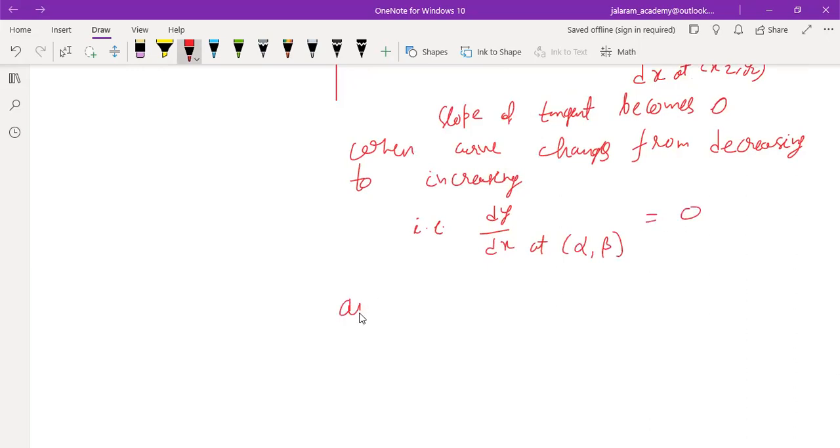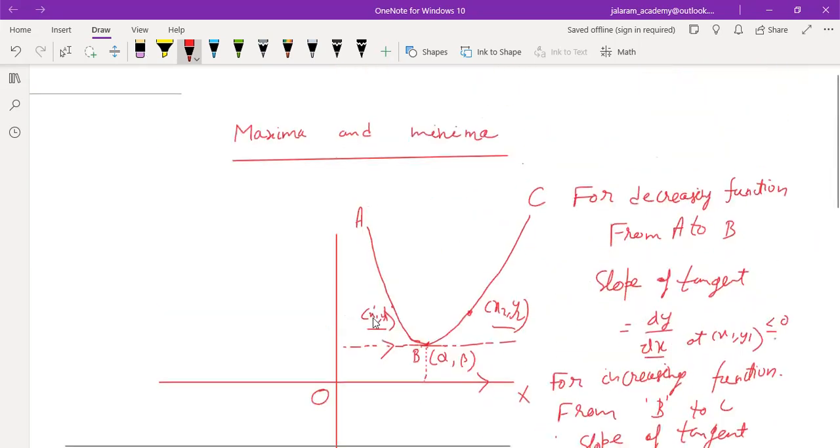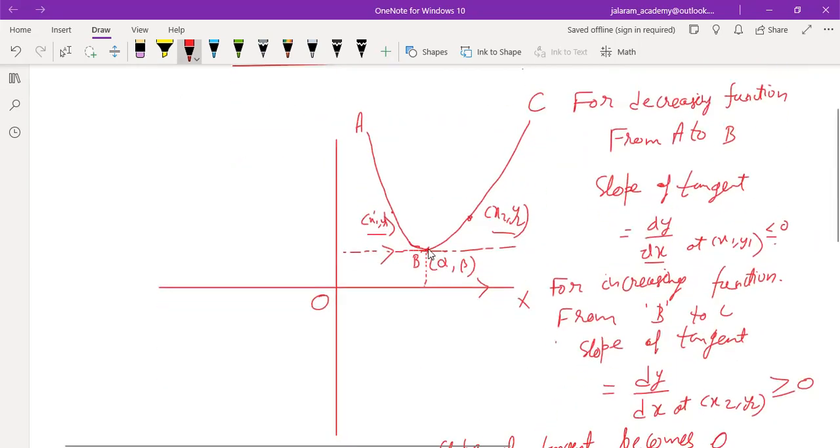And one more thing which you can observe, can you tell at this point which type of function is there? It is neither increasing nor decreasing. It is taking the minimum value at this point. Is that clear to you? Now, when the curve changes its property from decreasing to increasing, from A to B, the function was decreasing.